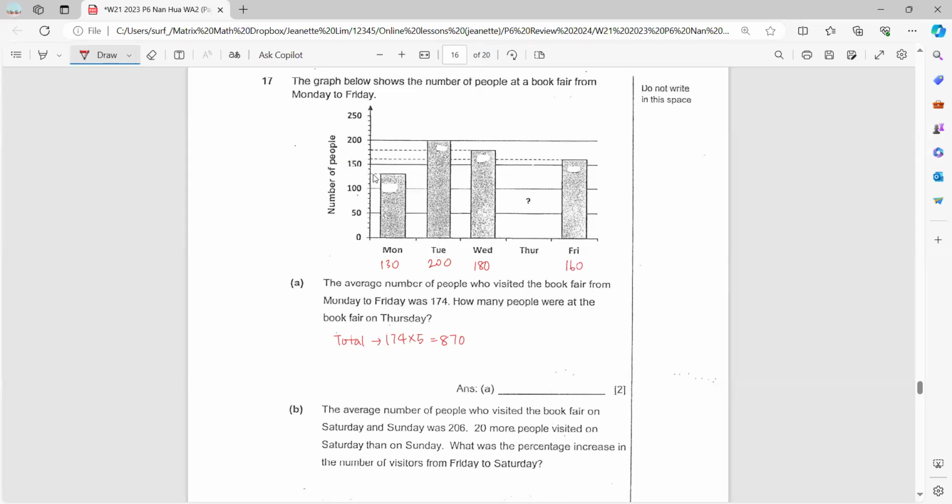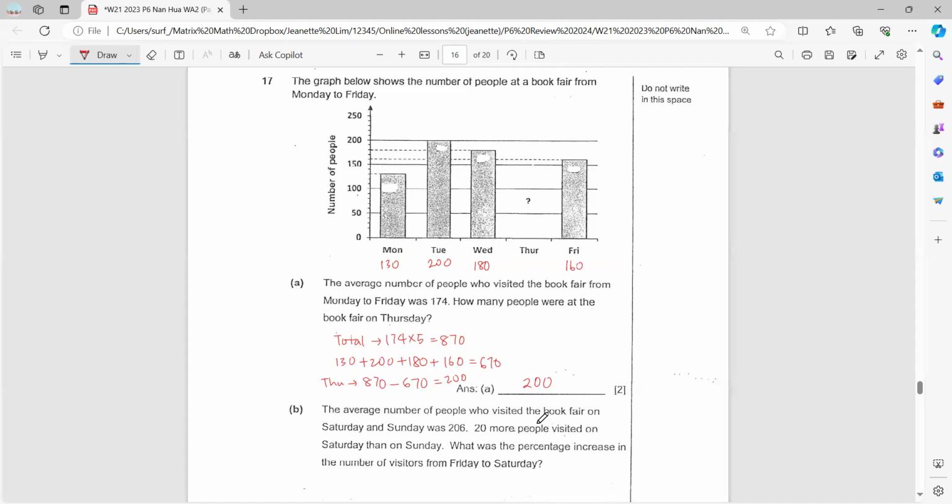Now we add them up first. This is 670. So to find Thursday, take the total minus the rest. You get 200. So answer 200.